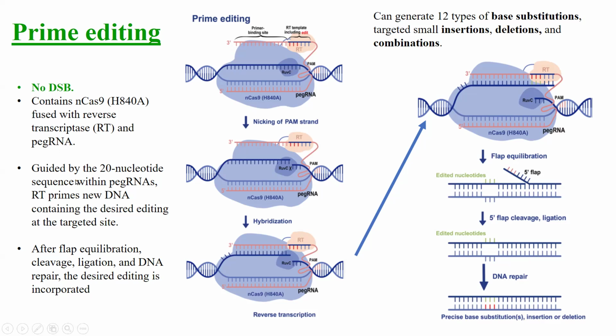It is guided by a 20 nucleotide sequence within the prime editing guide RNA, so the guide RNA size is around 20 nucleotides. And after flap equilibration, it can correct this way. So it can do lots of diverse things.